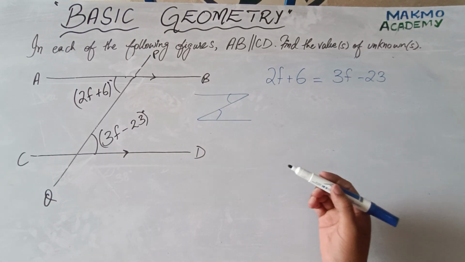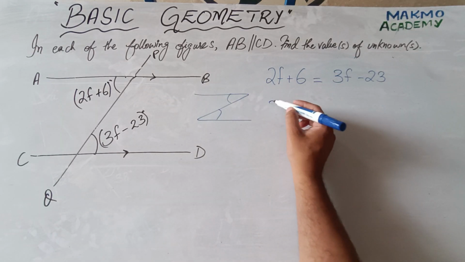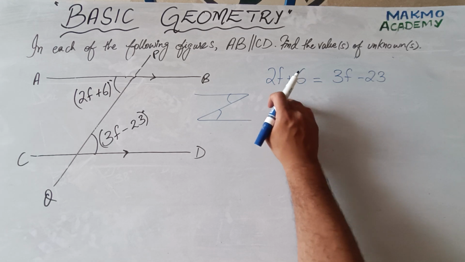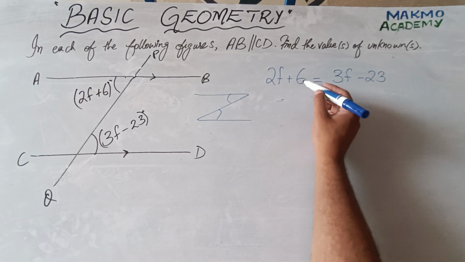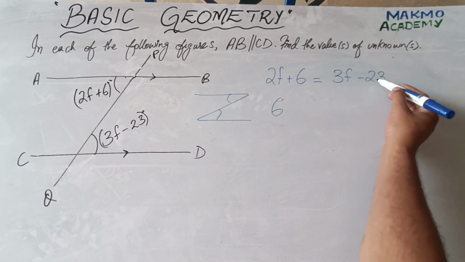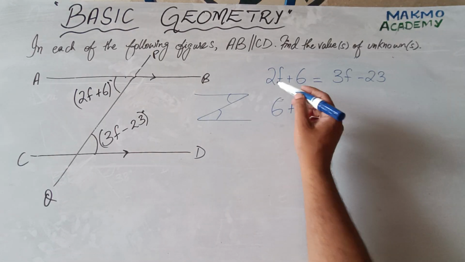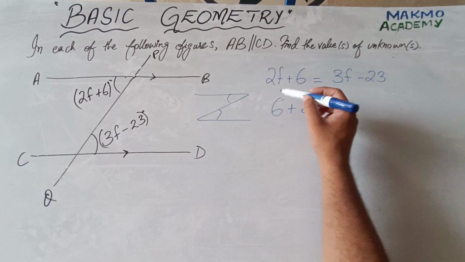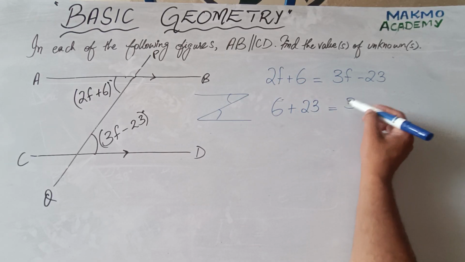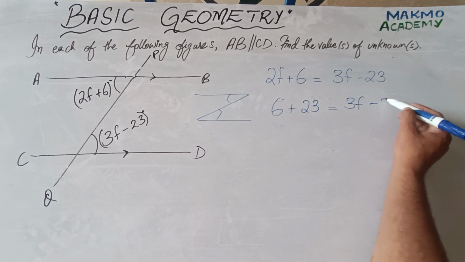Now we need to arrange the like terms. You can bring the lesser number of f over there, so keep 6 over here, and this 23 we are bringing over here, so it becomes positive 23. And we are taking this 2f to the right side, so this becomes negative 2f.